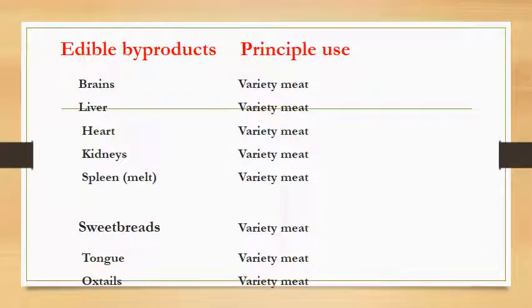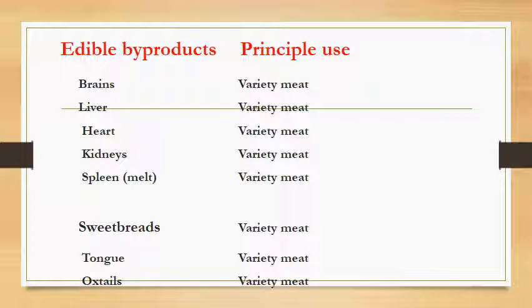As I already mentioned, some of the edible byproducts which can be used as meat, here we will briefly talk about. That is the brain, liver, heart, kidneys, spleen. They are all consumed as meat and considered variety meat. Similarly, sweetbread, tongue, oxtail, cheek, and trimmings. When the head is cut and the muscles removed, we get a lot of trimmings.